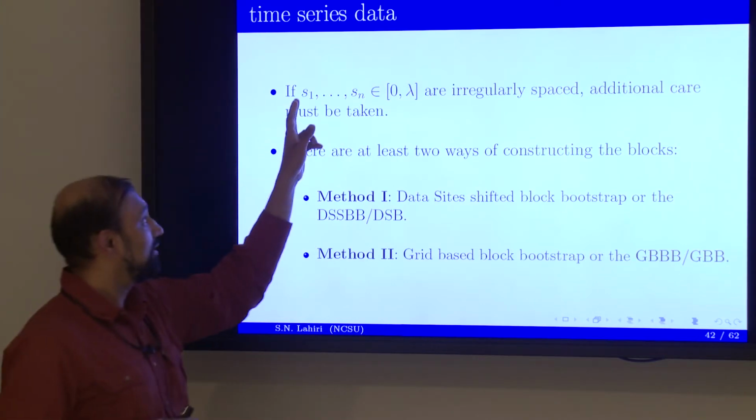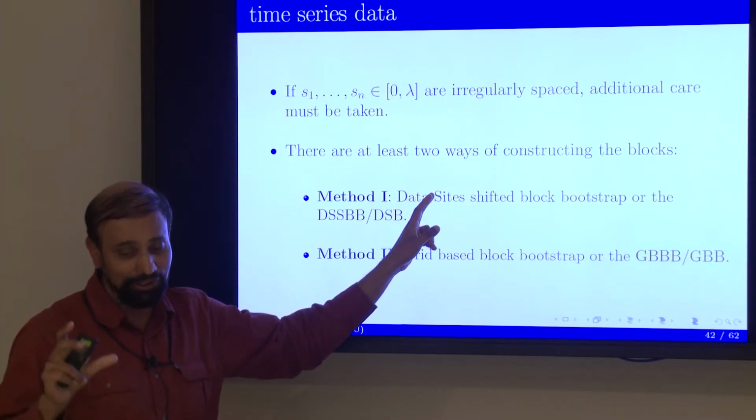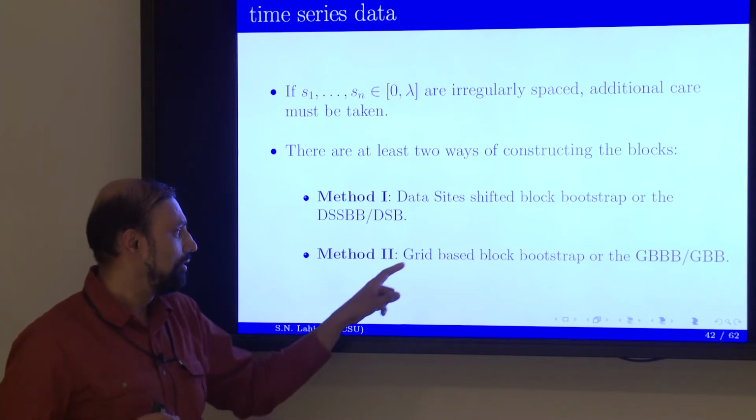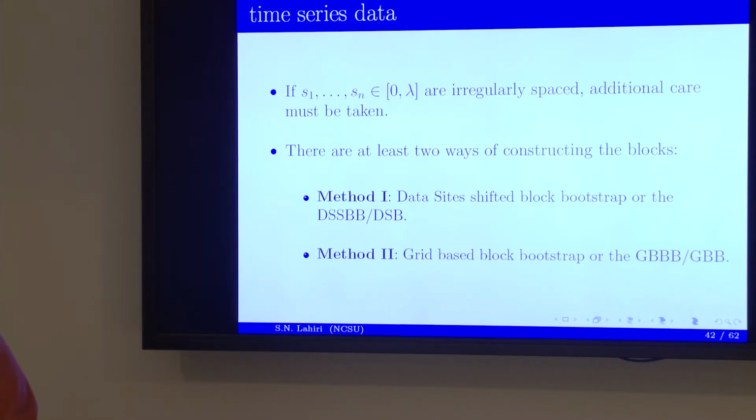You can start at each of these data locations, data sites, shifting that template 0 to L, or I just ignore the positions of S1 through Sn. I pick my grid, integer grid, 1, 2, 3, 4. I'll start my blocks from 1 to L, 2 to L plus 1, etc. These are two different ways of doing it.